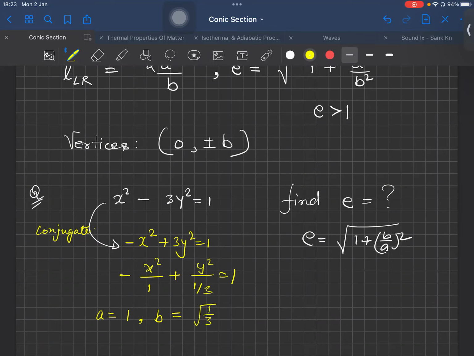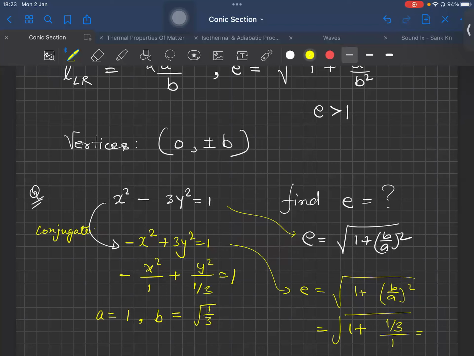So E will be equal for this hyperbola. For this hyperbola, E is equal to square root of 1 plus B upon A whole square. How much will be that? 1 plus B square is how much? 1 upon 3 and 1 square root. How much you are getting? So 3 plus 1, 4.